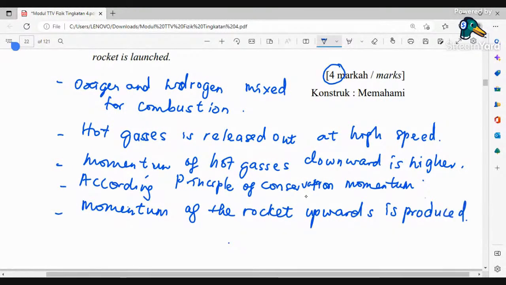Okay, nampak point yang kita bagi untuk 4 markah. Jadi kena masukkan principle of conservation momentum. 2, 3, 4. Okay, 4 markah.